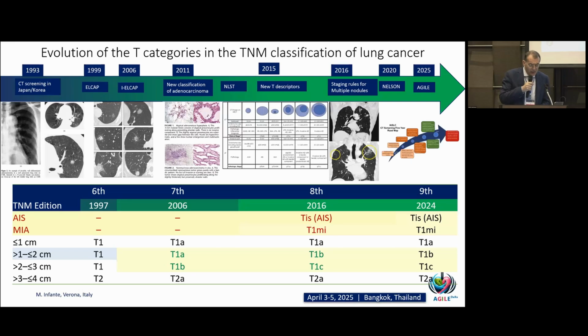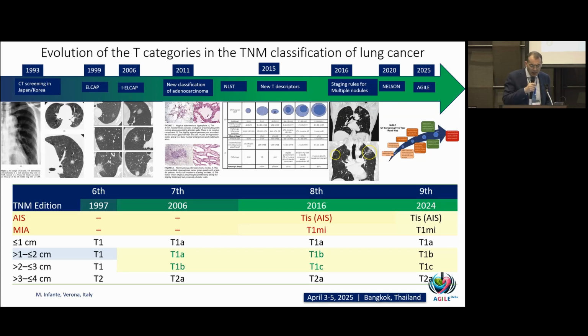So this is a slide that tries to summarize a long story that started on the left. How do you see in the early 90s, okay. Lung cancer screening started in Japan, where they saw that there were tumors that could not be seen on a chest X-ray, but would appear clearly on a CT scan. And in the following years, we had the first publication of the I-ELCAP group.